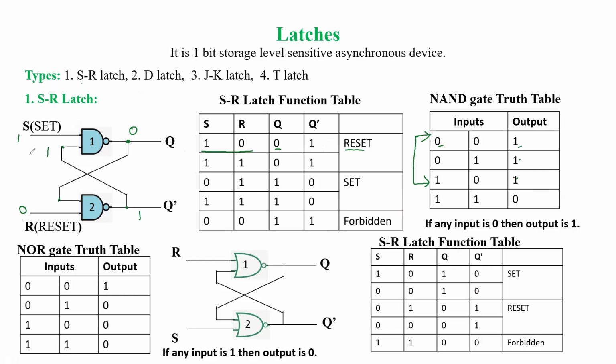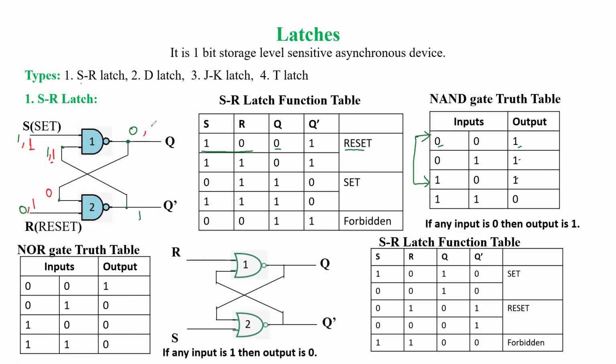Here we keep S as 1 itself and change R to 1. Now both inputs are 1 1, so we take the help of the previous outputs. Q, which is 0, is connected here, and Q dash, which is 1, is connected here. I'm writing the same thing again.